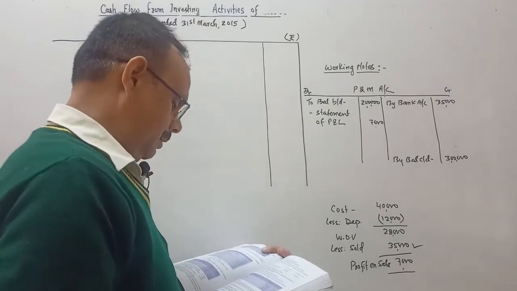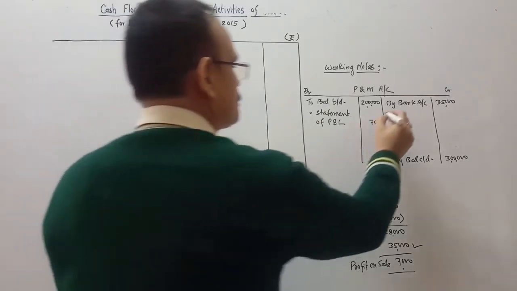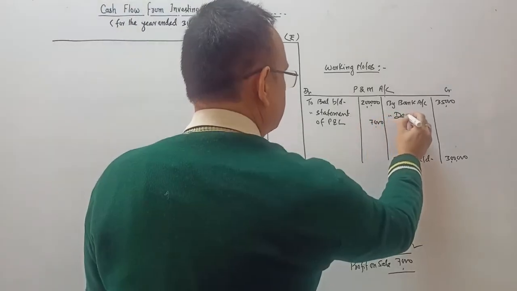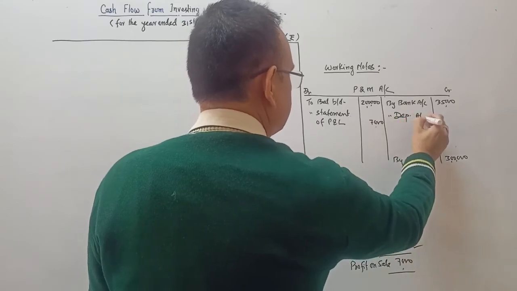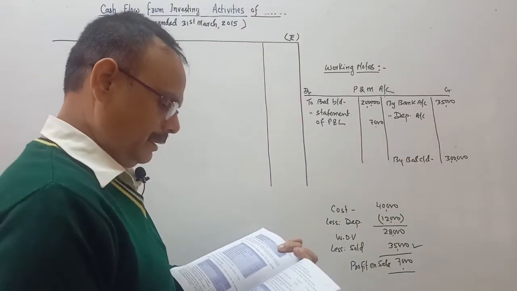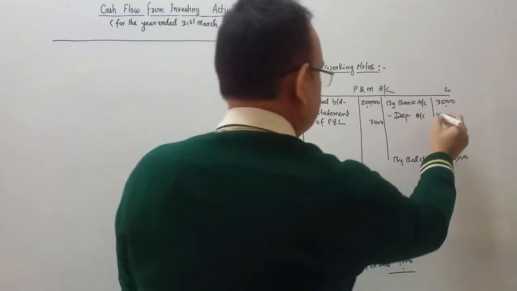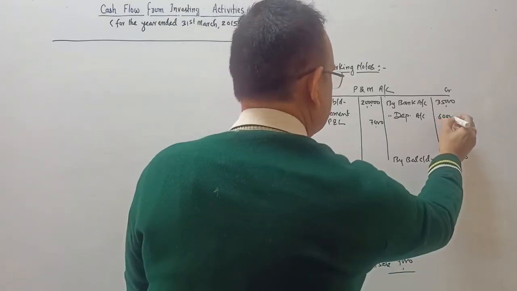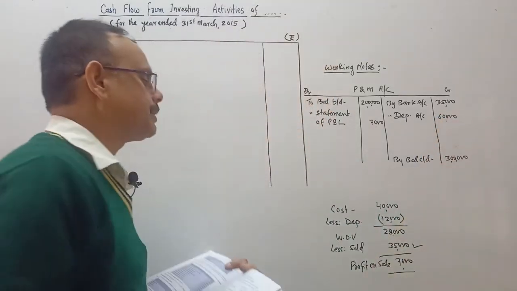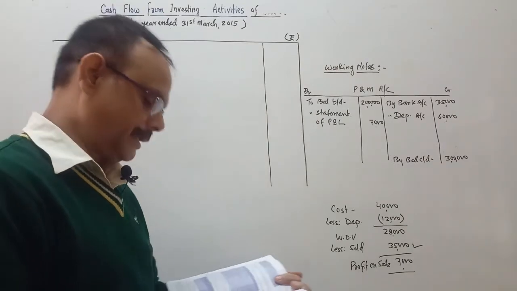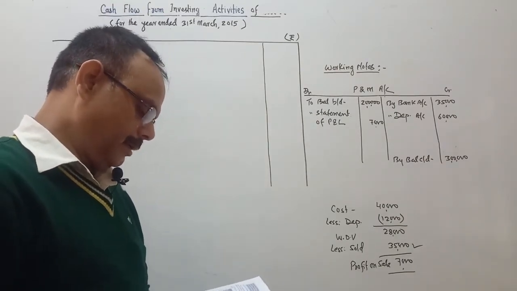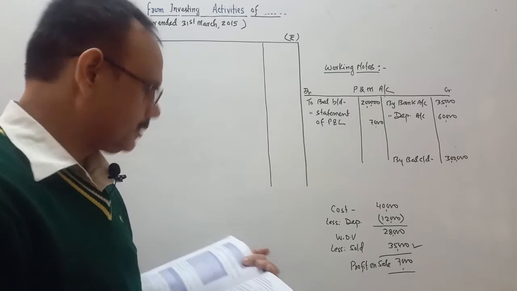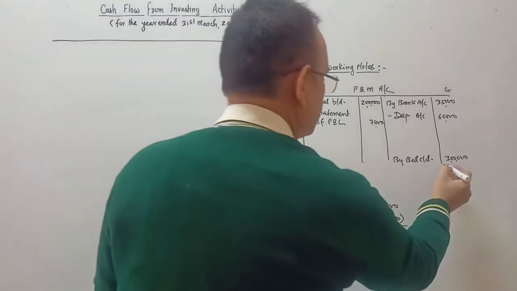Next is depreciation charged during the year. By depreciation charged during the year, 60,000 is the depreciation charged during the year. Now see which side total is more.